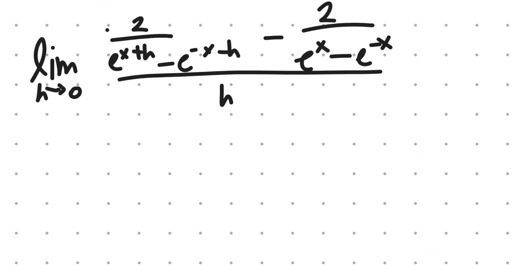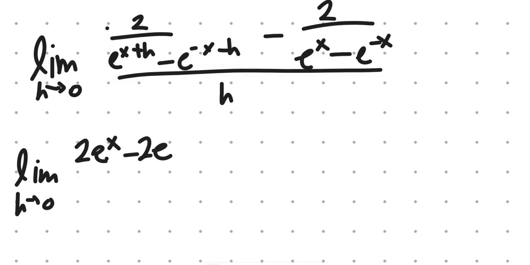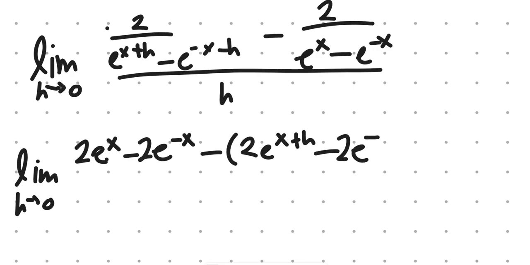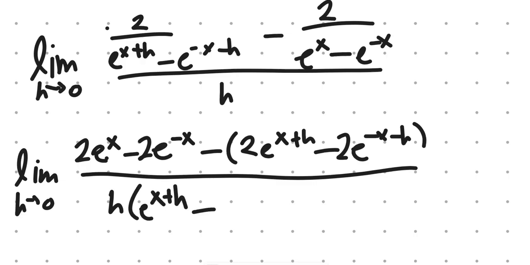So now we're just going to cross multiply our fractions to get the limit as h approaches 0 of 2e to the x minus 2e to the negative x, minus parentheses 2e to the x plus h minus 2e to the negative x minus h, all over the product of the denominators of those two fractions and h: h times e to the x plus h minus e to the negative x minus h, times e to the x minus e to the negative x.